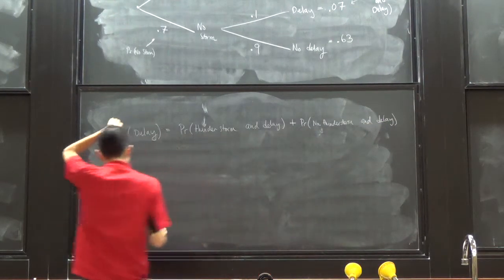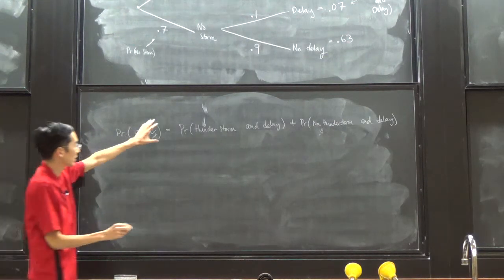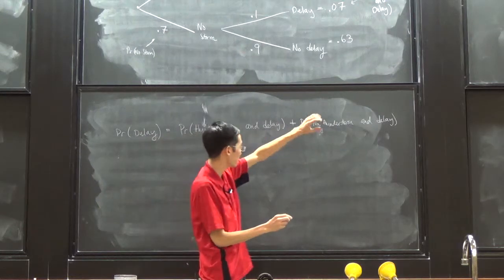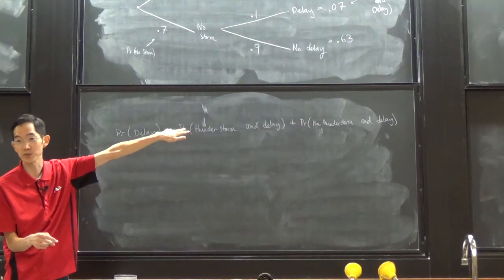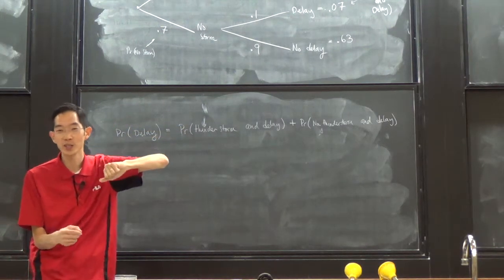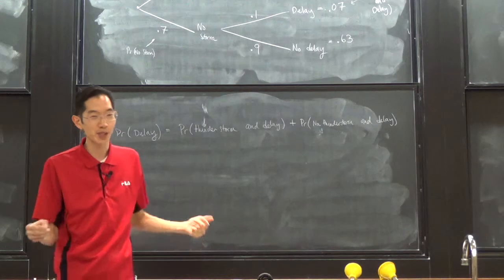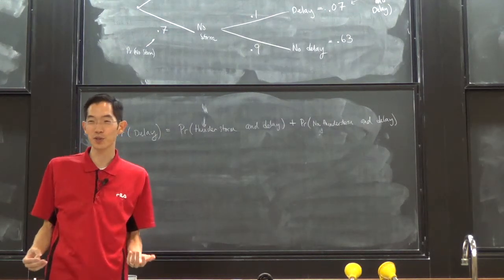Okay. I guess I should say, it's this event or this event, and can we see that these two are mutually exclusive? We cannot be in a world where there is a thunderstorm and a delay at the same time as there being no thunderstorm and a delay.